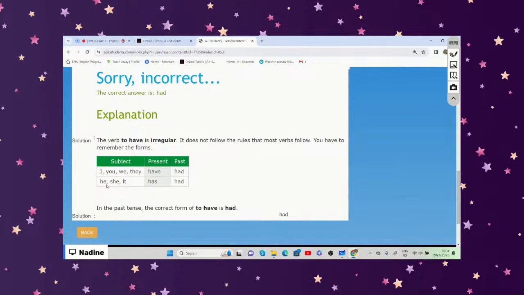If we say I, you, we, or they, we can say I have, you have, we have, and they have. But in the past tense, we say had. For example, if we refer to he, she, or it, then we say he, she, or it has something now. But in the past, they had.